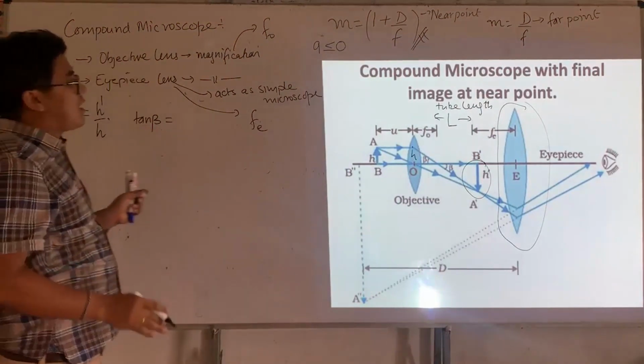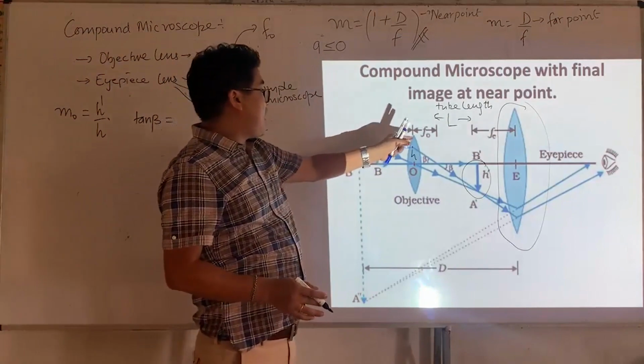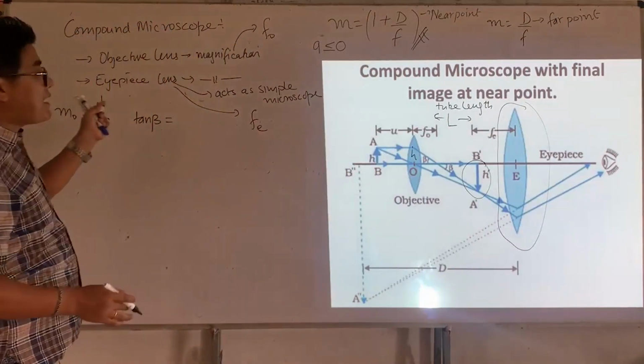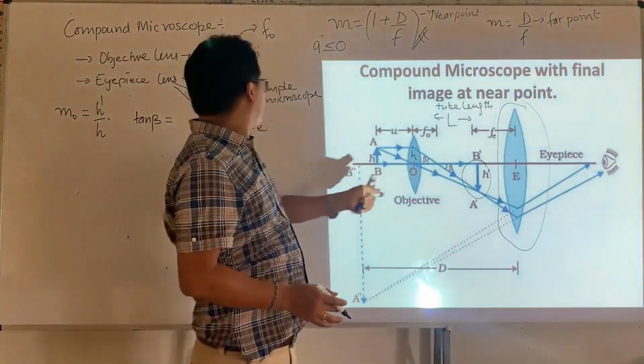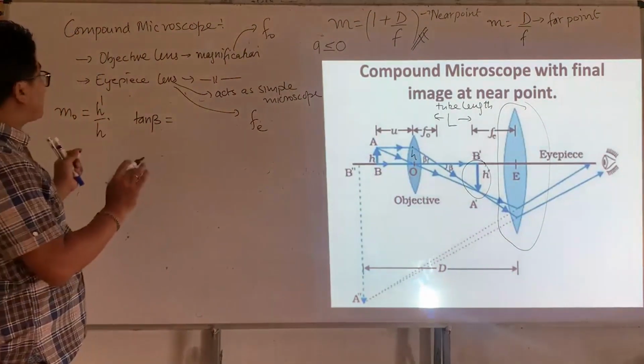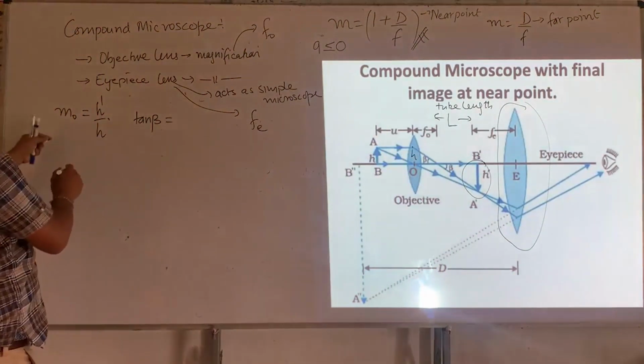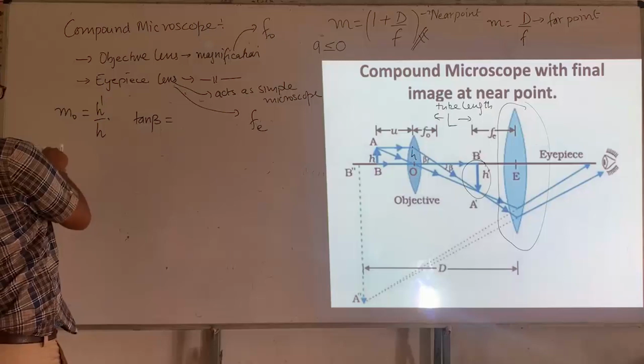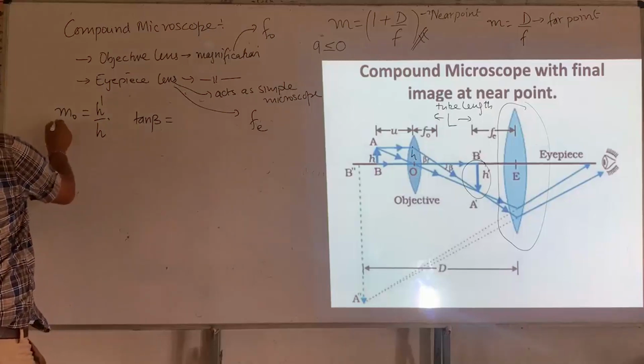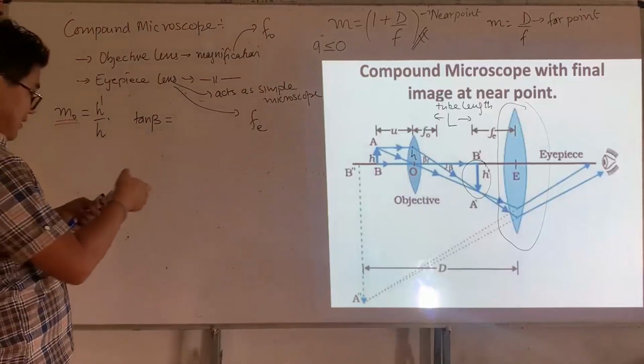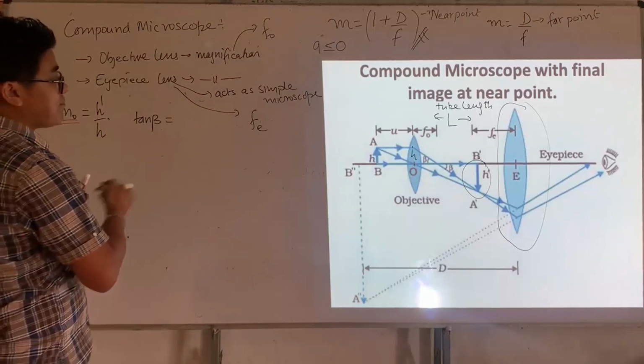Objective lens has a focal length F naught, and eyepiece has a focal length Fe. And now first I would like to find out the magnification of an objective lens. So what is tan beta?